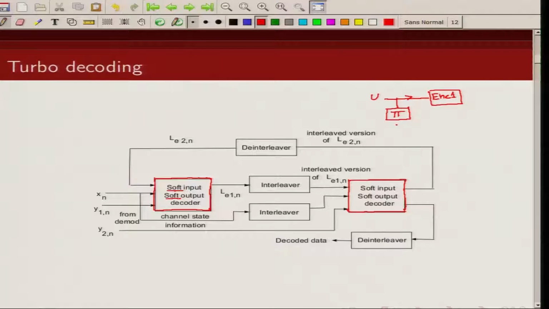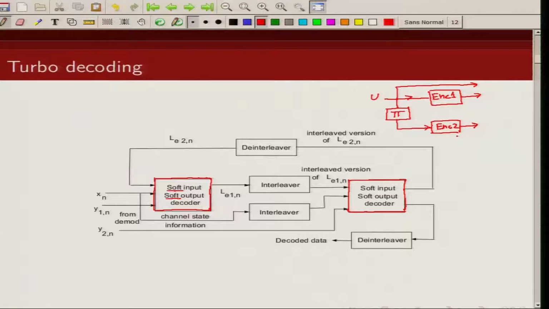I am denoting the interleaver by pi, and then this interleaved signal was sent to another encoder, and the three outputs were: first, the information bits; second, the parity bit coming out of the first encoder; and third, the parity bit coming out of the second encoder. So these were the three outputs of a turbo encoder.